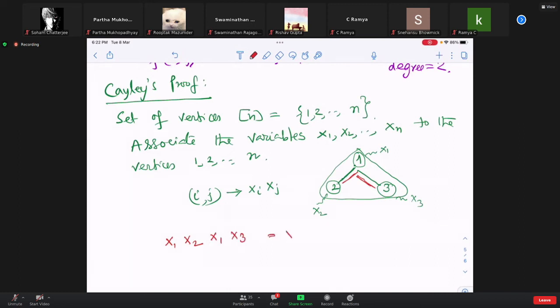Basically, what you got is x1 squared, x2, x3. So if I give this tree a name T, I get a monomial M_T corresponding to T.